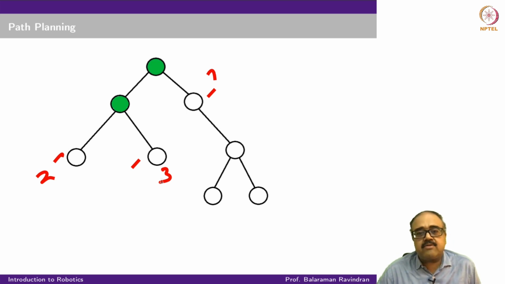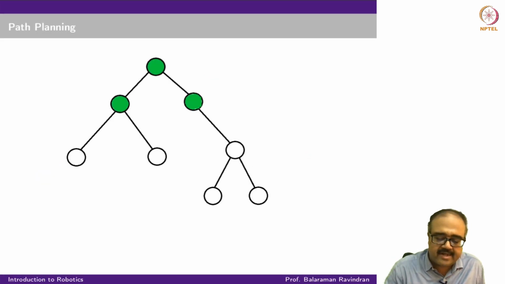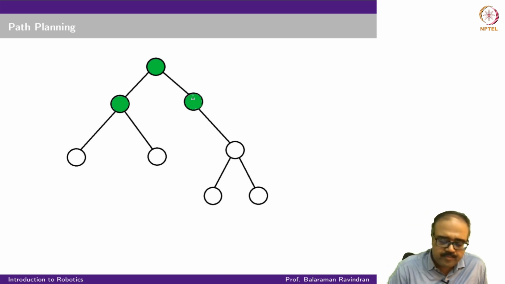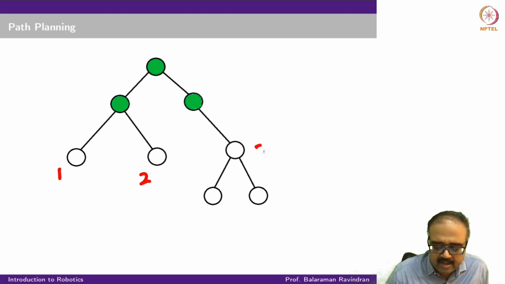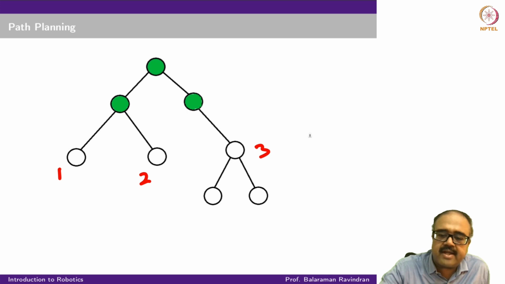So what will be the next node that I will take up for expansion? Exactly, the node that I marked 1, right? Now what will happen in the queue? This is 1, this will be 2, and that will be 3 in the queue. So the next node I'll take up is the one on the bottom left.